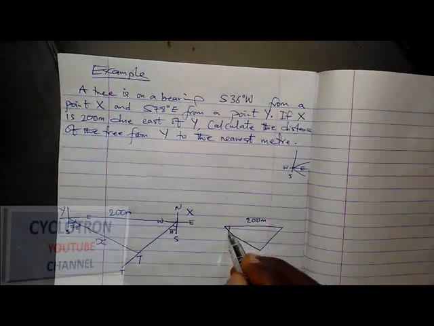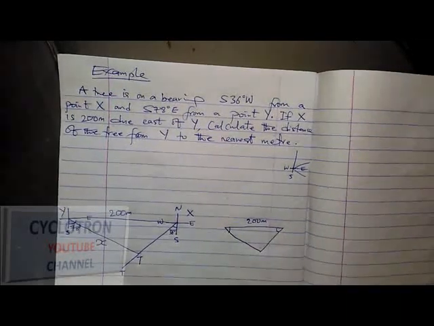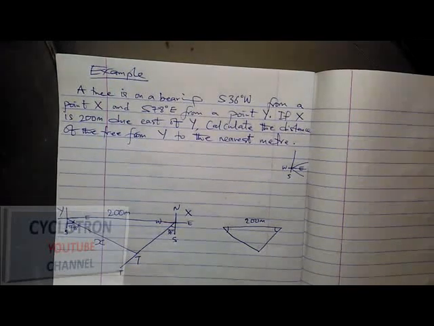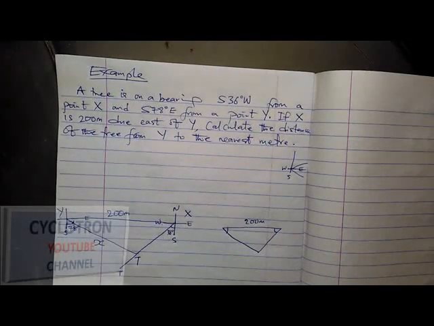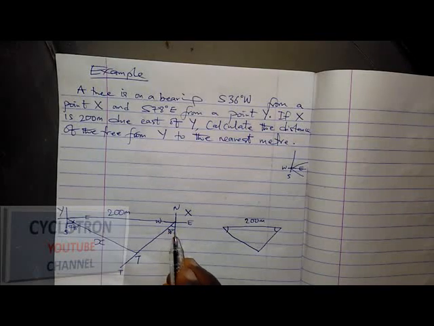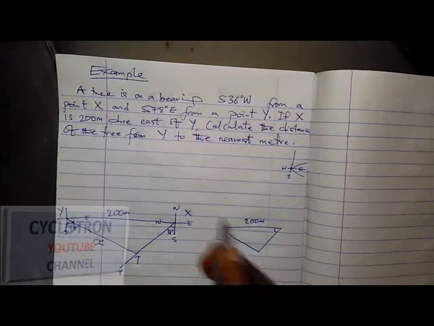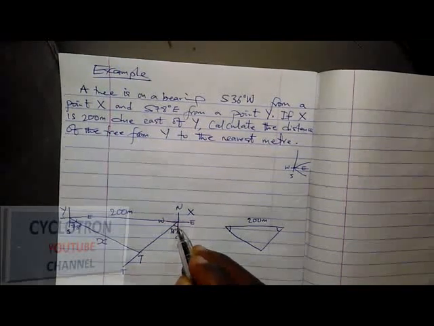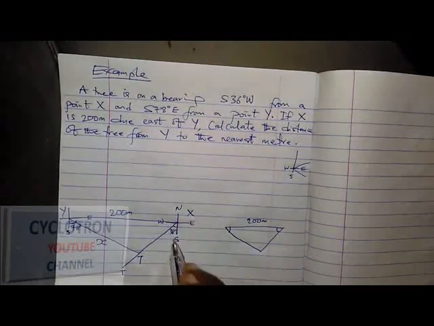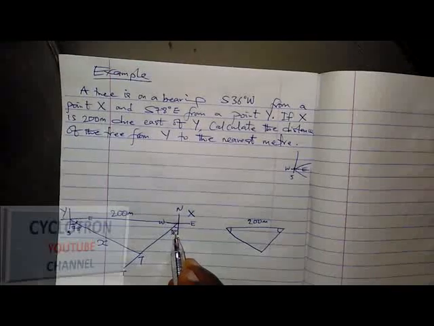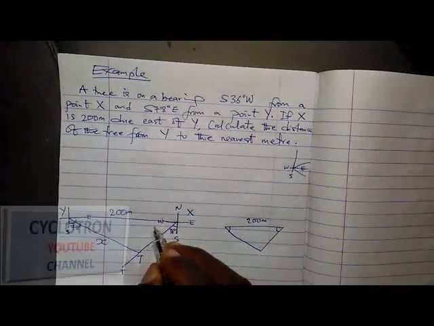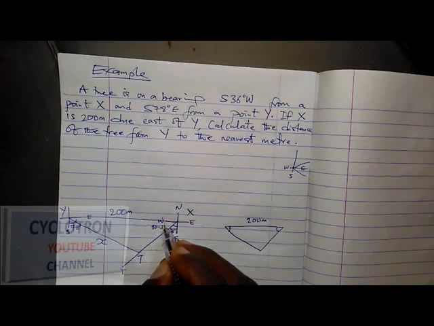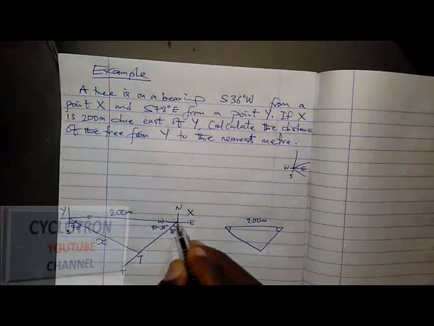You need to find the angles inside, because you are working with the angles inside. The angles you have here are angles outside, but we know from west to south we have angle 90. So from 90, 36 is outside. What will remain inside is 90 minus 36 degrees.